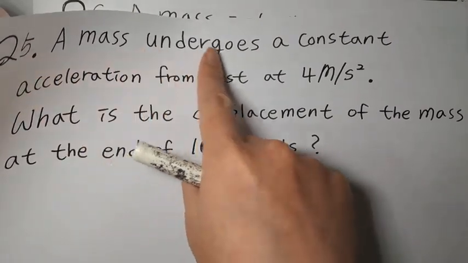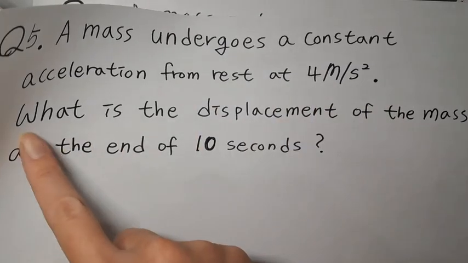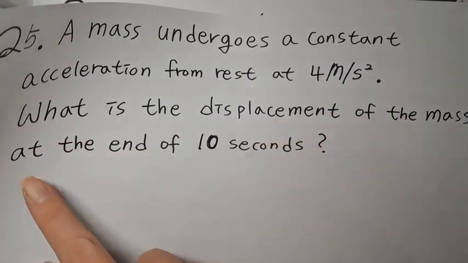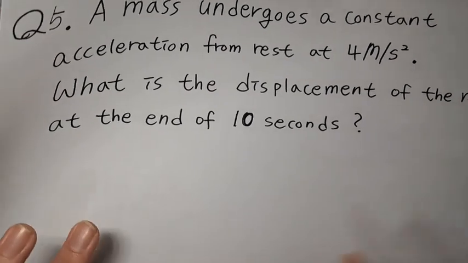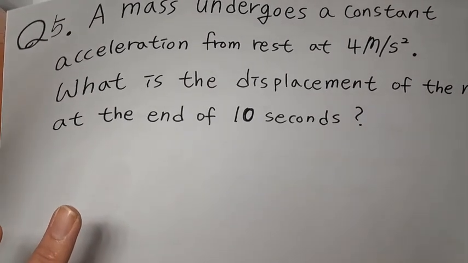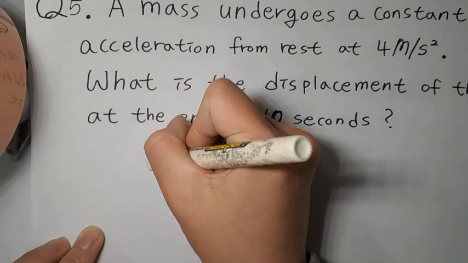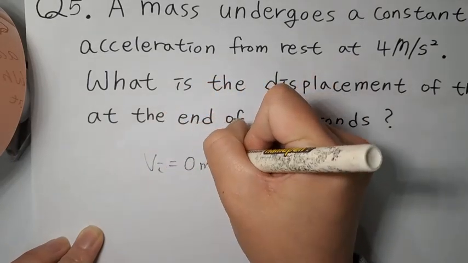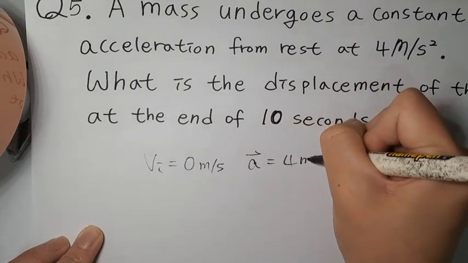A mass undergoes a constant acceleration from rest at 4 meters per second. What is the displacement of the mass at the end of the 10 seconds? So the initial velocity is going to be 0 meters per second, and the acceleration is 4 meters per second.